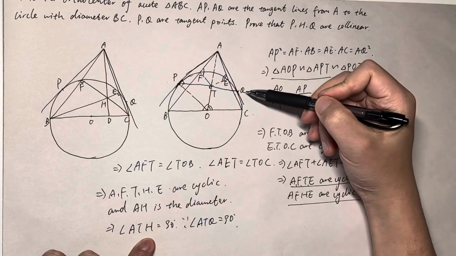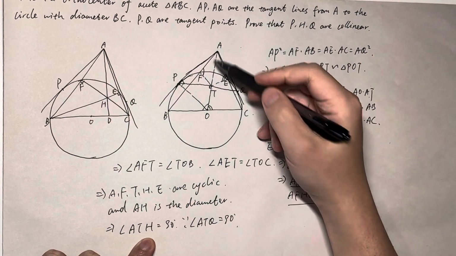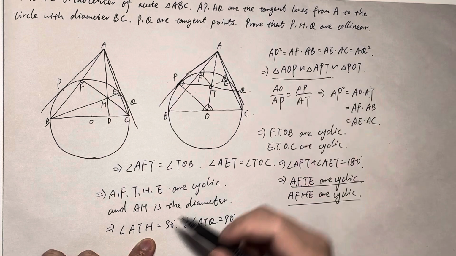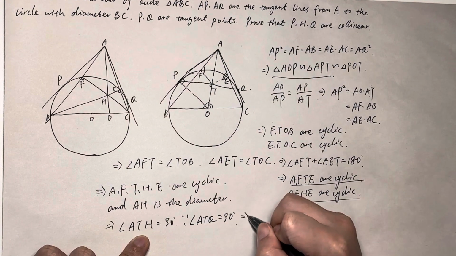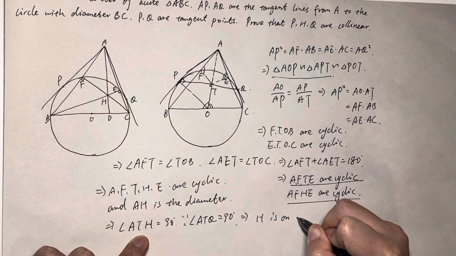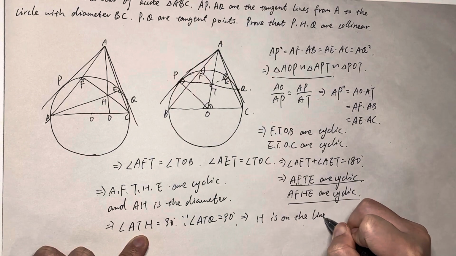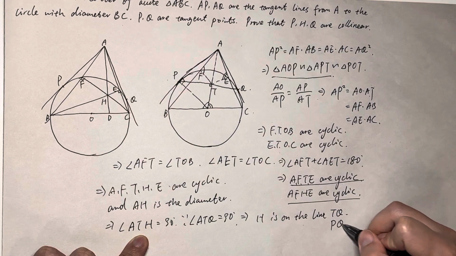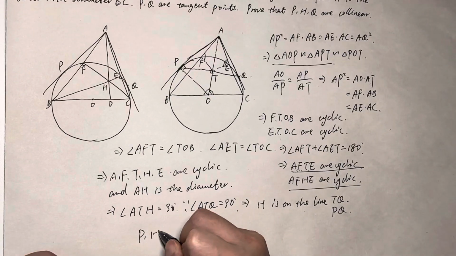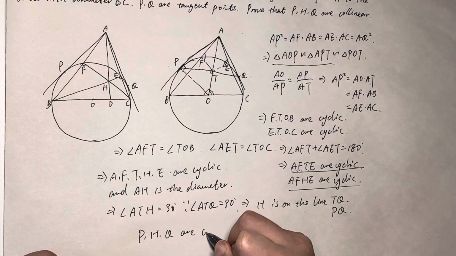Because AT is perpendicular to PQ. So angle ATQ is 90 degrees and angle ATH is 90 degrees, right? That means H is on the line TQ, which means that H is on the line PQ, which means that PHQ are collinear.